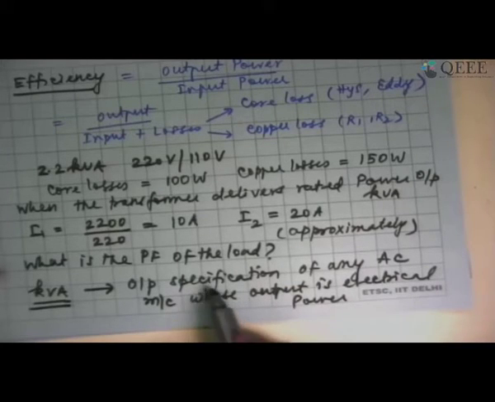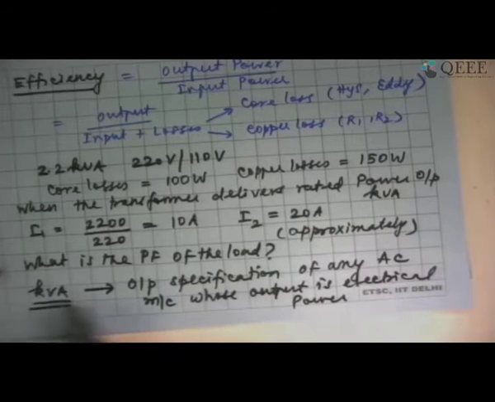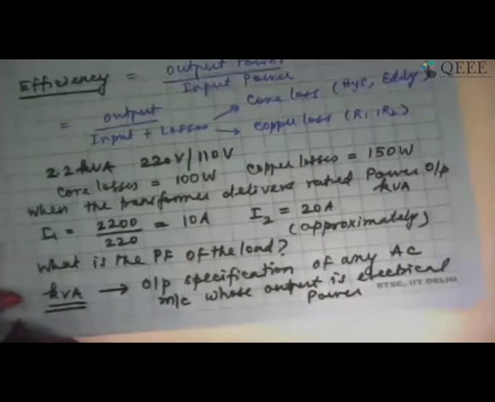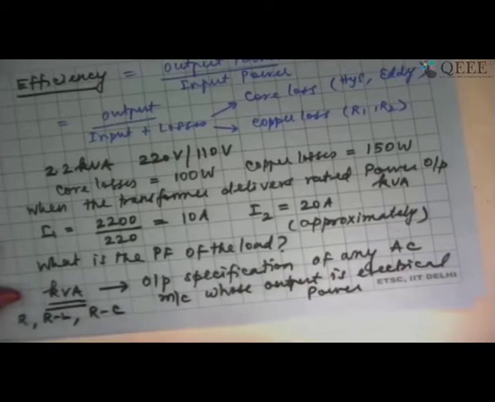So whenever I have an AC machine which is delivering electrical power output, I have to specify it in terms of kVA, because I may connect R load, I may connect RL load, I may connect RC load. Correspondingly, my power factor is going to vary. I really don't know what kind of load is going to be connected to my electrical machine.